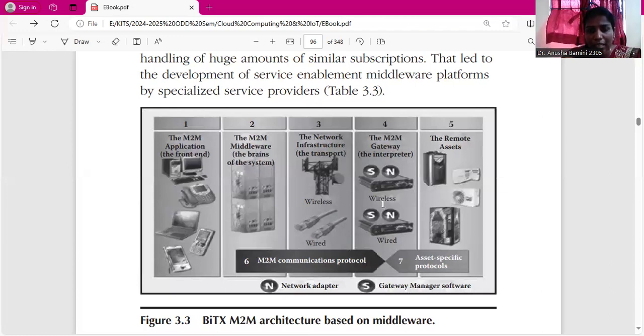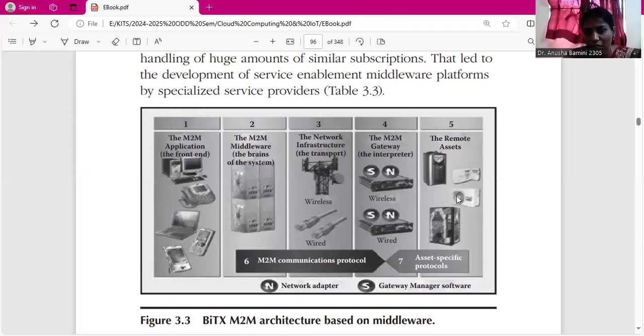This is just an example of an M2M architecture, but for all the IoT devices which we are connecting, everything comes under this kind of architecture only. For a particular device, we need a gateway to connect, then it may be a wired or wireless connection. It is connected to a server, then only we can access or gather data from these devices.